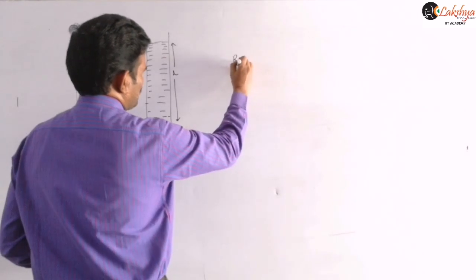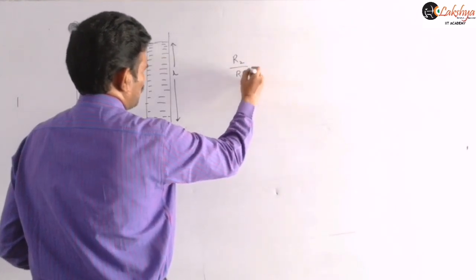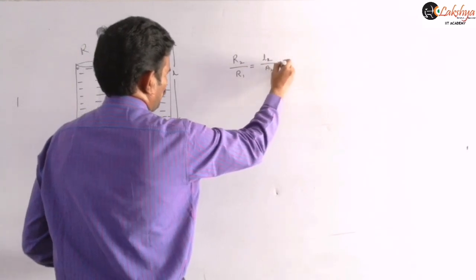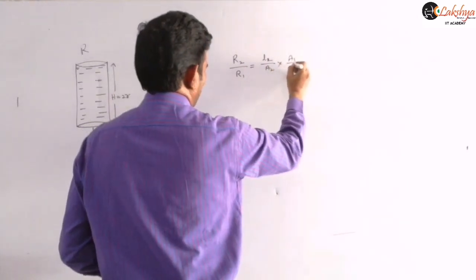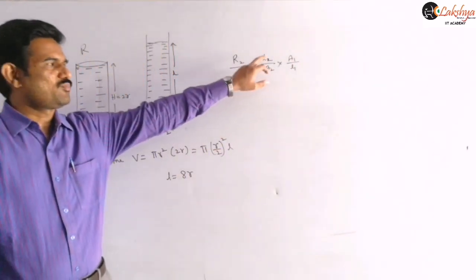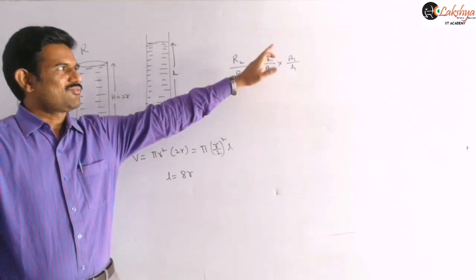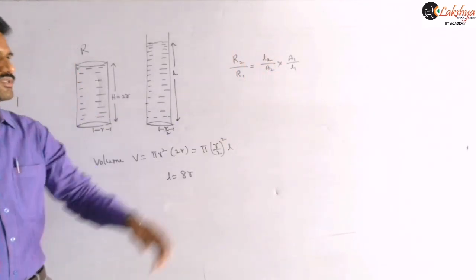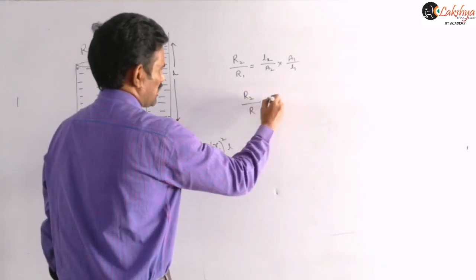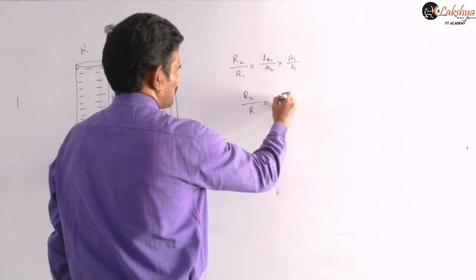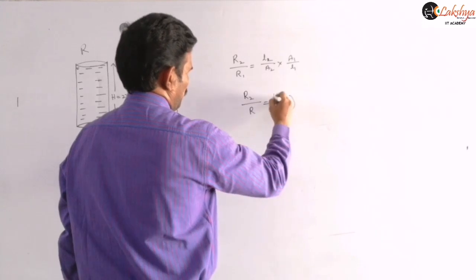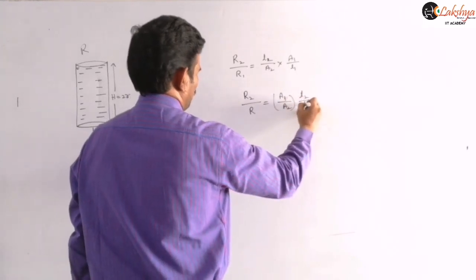Therefore I can write the resistance ratio R2 by R1 is equal to L2 by A2 into A1 by L1, taking rho L2 by A2 by rho L1 by A1. The rho term will cancel because it is the same liquid. R1 is given as R, so R2 is R into A1 by A2 into L2 by L1.